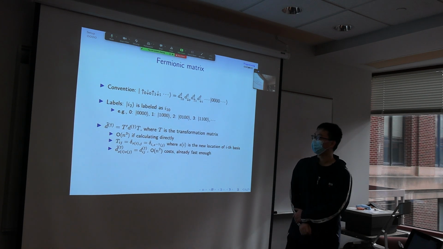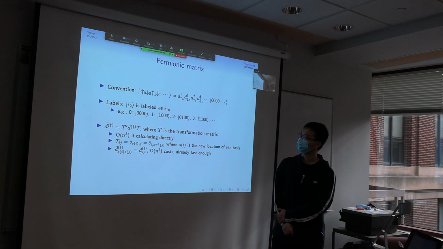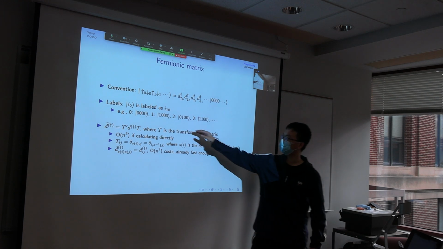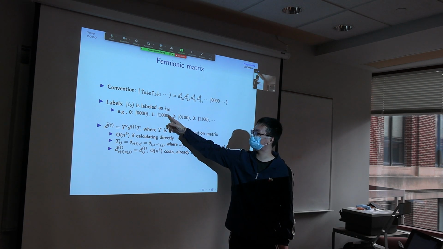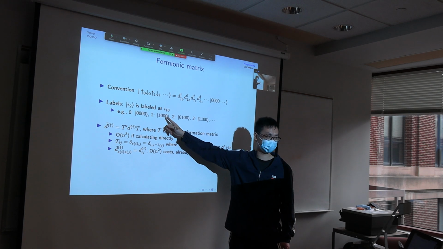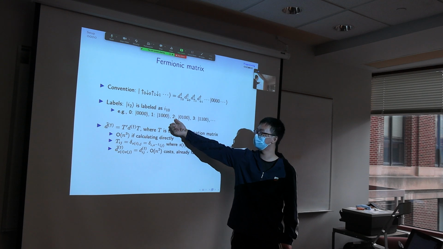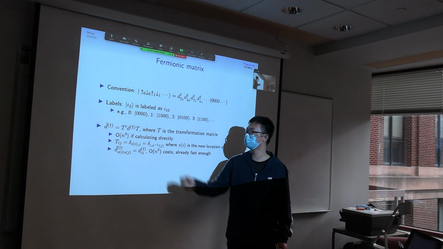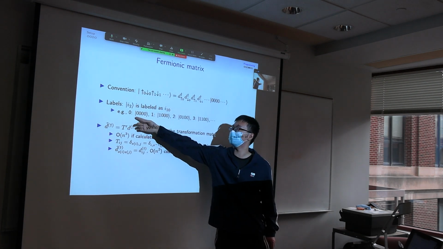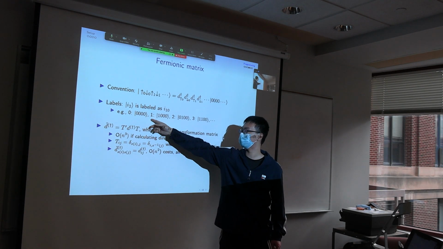And I labeled these different bases as follows. I just take this as a binary expression and calculate its decimal value, and that's the corresponding label. So 0, 0, 0, 0 is 0. 0, 0, 0, 1 is 1, like this.